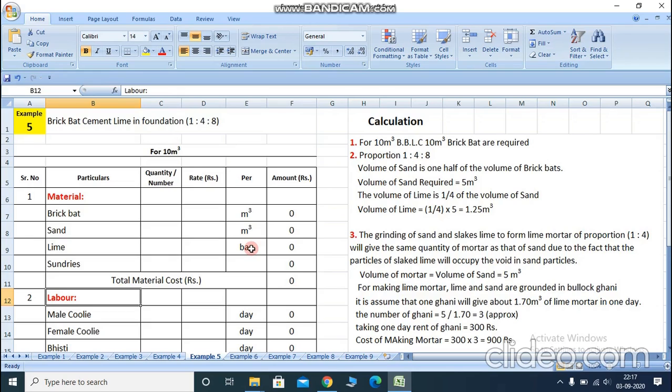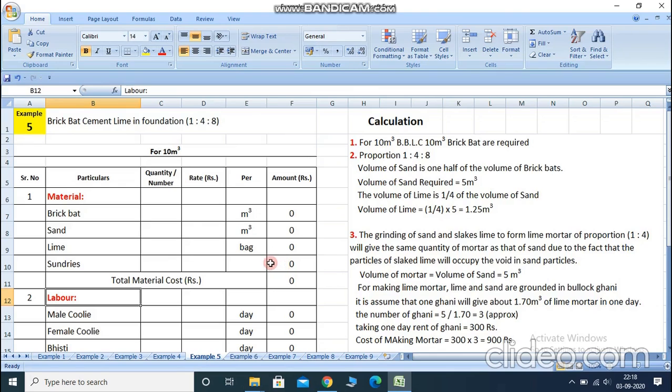The summation of the material cost, labor cost, contractor profit and water charges gives the final rate of a particular item for the given quantity.